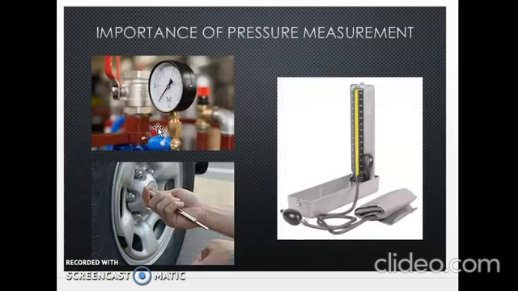Consider the importance of pressure measurement in process industries. Pressure changes the different characteristics of the materials involved in a chemical process plant. So proper monitoring and measurement of pressure, and its control, is very important in the process industries.